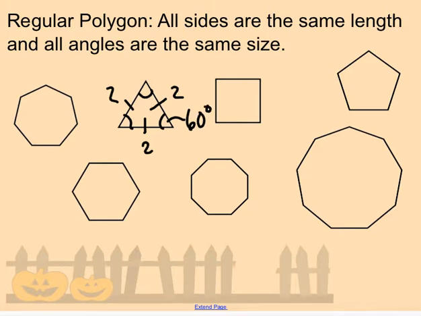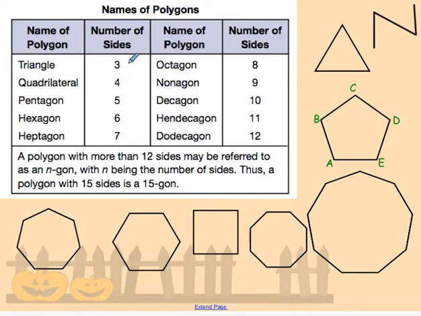All of these can be named based on how many sides they have. So let's look at those. 3 is a triangle, 4 sides is a quadrilateral, 5 is a pentagon, 6 is a hexagon, 7 is a heptagon, 8 is an octagon, 9 is a nonagon, 10 is a decagon, 11 is a hendecagon, and 12 is a dodecagon.